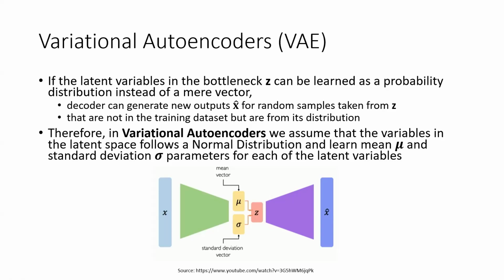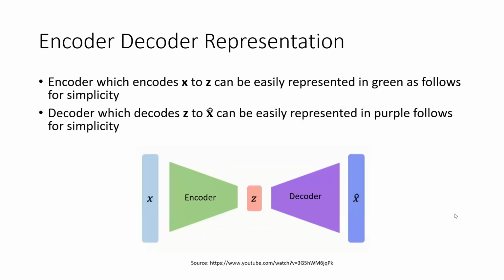So the data that can be generated from the decoder, in this example, is highly restricted to the data set that we have used, right?